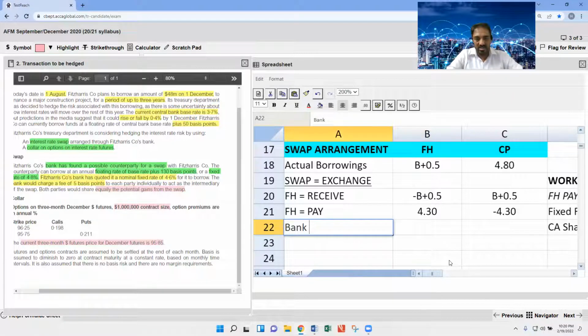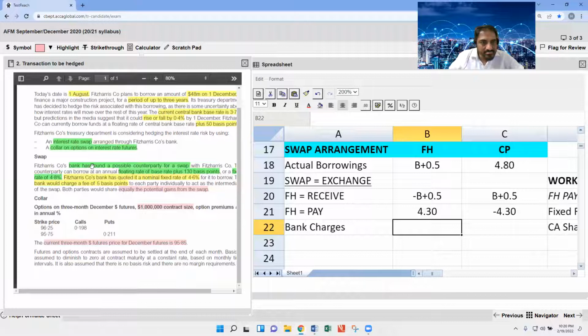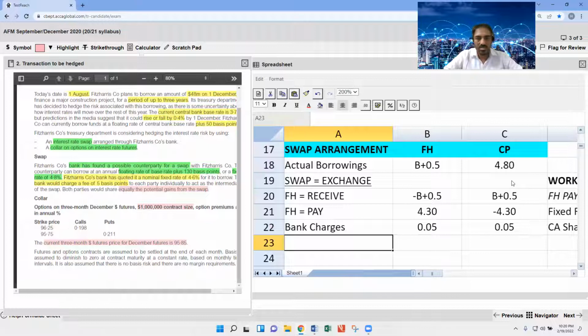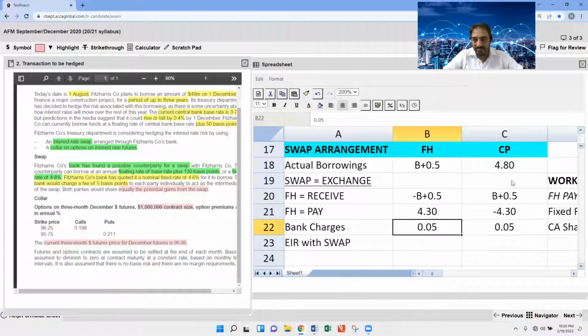And the bank charges. Both the parties will pay, what is the bank charges here? 5 basis point, 0.05. The payment in positive. So effective interest rate with swap. What will be the rate?